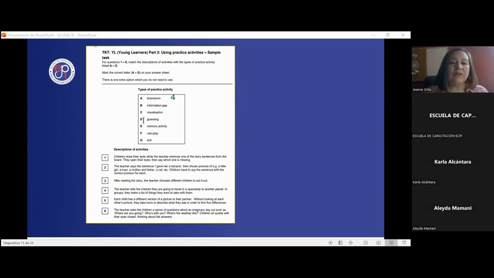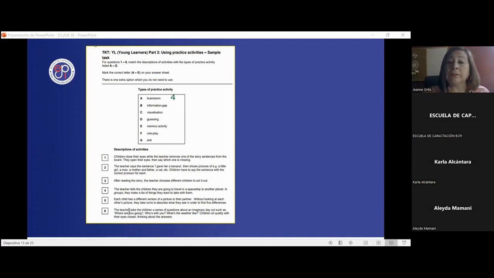What about information gap? Number 6. Could be. Number 6, the teacher asks children serious questions about an imaginary day.